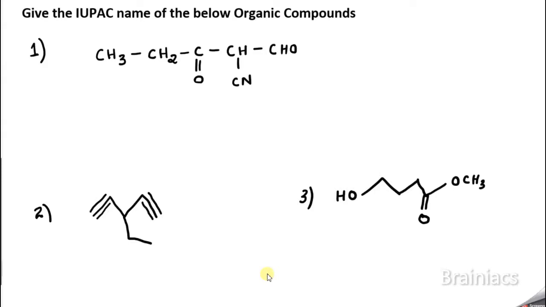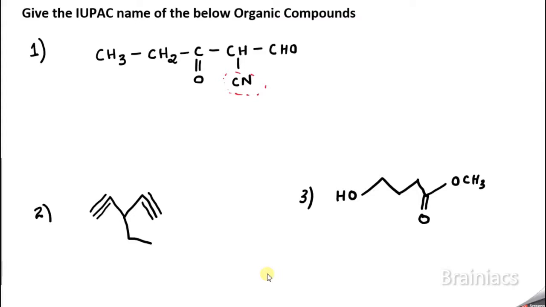While we are doing the IUPAC nomenclature, the first thing you need to check is whether any functional group is present. We can see here a carbonyl group is present, a cyanide group is present, and an aldehyde group is present. And we know from the priority table that the cyanide group has the highest priority. That means this group will behave like the functional group, and CHO and the carbonyl group will behave like substituents.